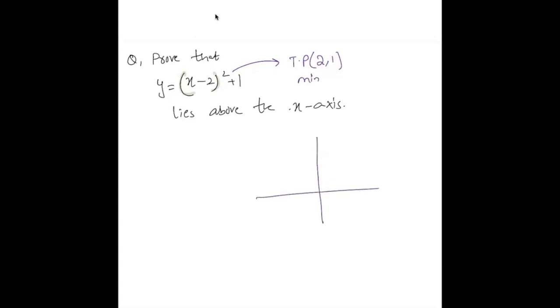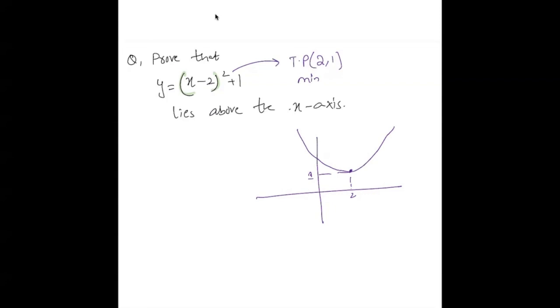So if I draw this graph, (2, 1) is the turning point. Okay, so my graph is going to be like this. Does this graph have x-intercepts? No, it's not intersecting the x-axis, so it does not have x-intercepts.